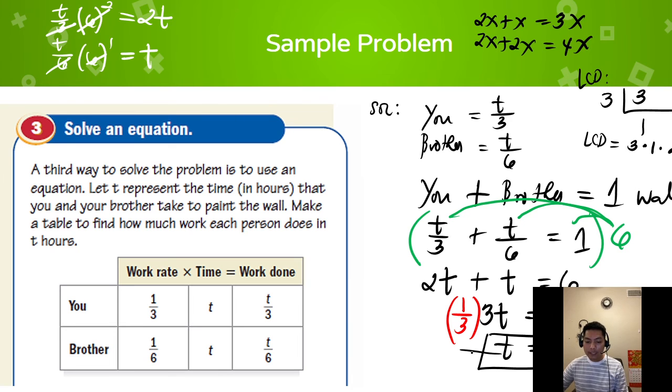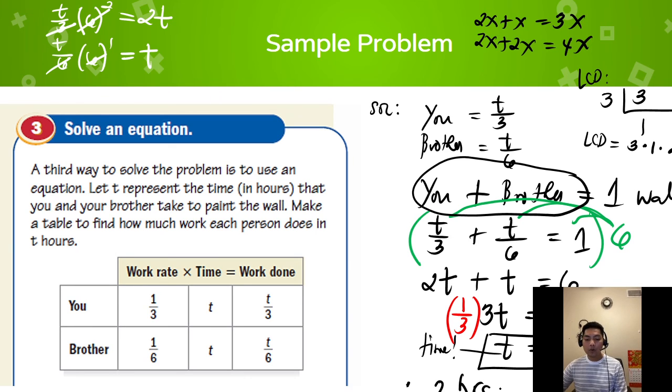Now notice t equals 2. What is t again? That is time. So meaning, if we added you and your brother in terms of your rates, we then have confirmed it using the equation. That means it will take 2 hours for both of you to finish painting one wall.